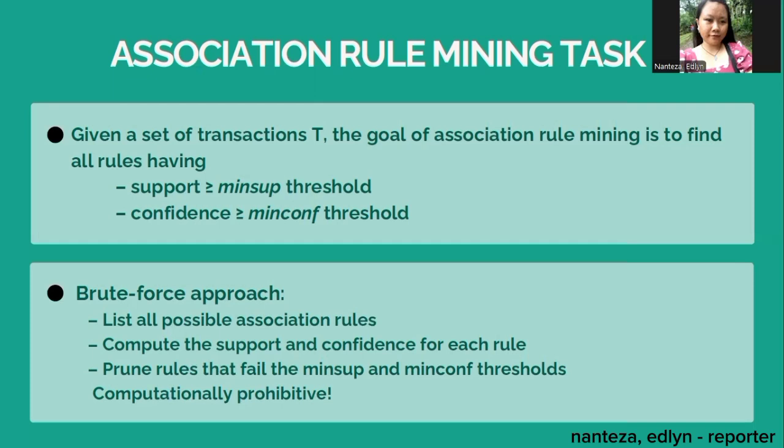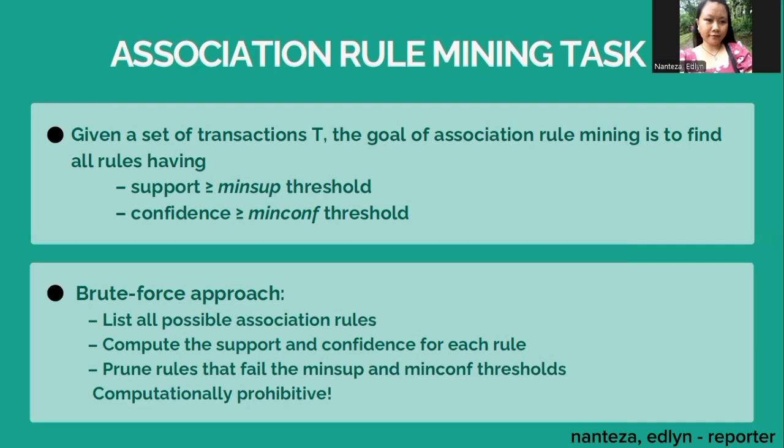Support measures how frequently the items in the rule appear together in the transactions. Confidence: the rule must have a confidence value greater than or equal to a minimum confidence threshold, minconf. Confidence measures how often the rule is true given the items on the left side of the rule.